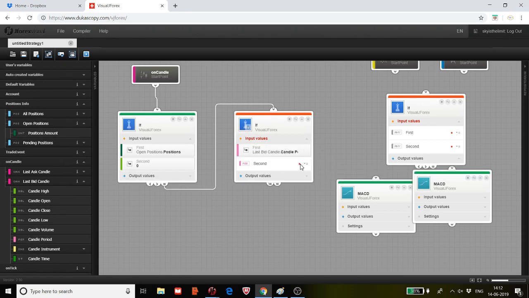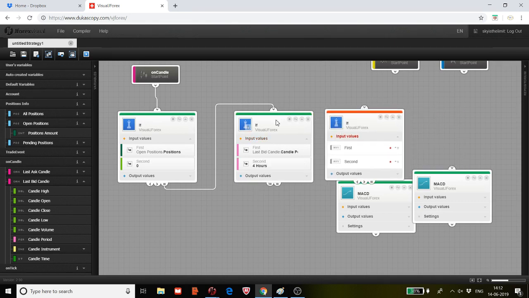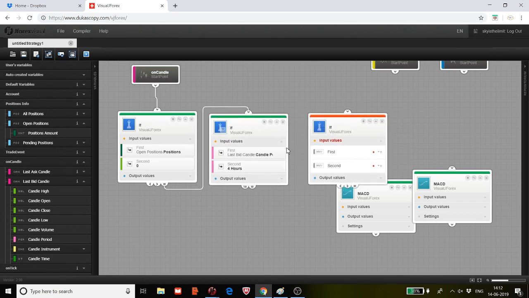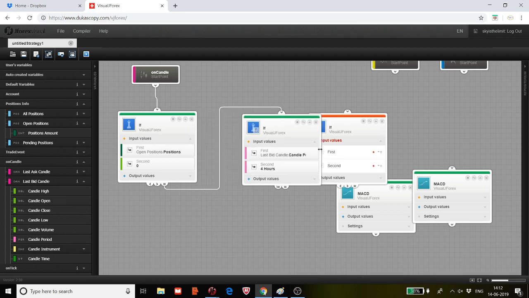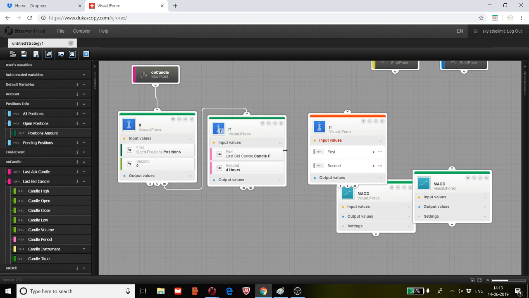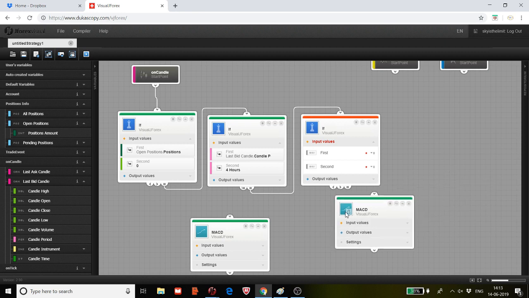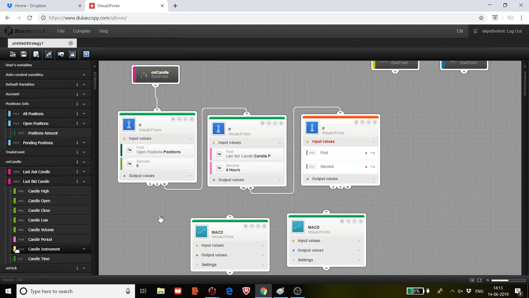Then 4 hourly, 4 hours. Then candle instrument, and the instrument is USD JPY.